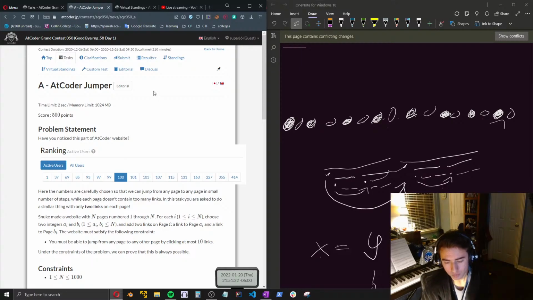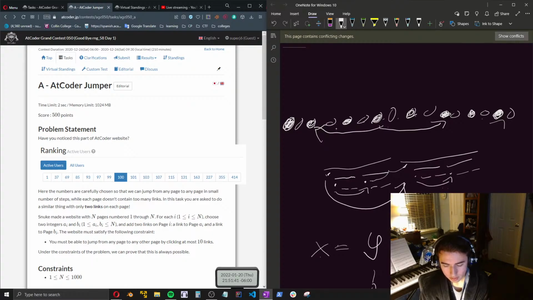Let's say each paired black node does the inverse. Well, no, you can't do that, because what if you sort them?